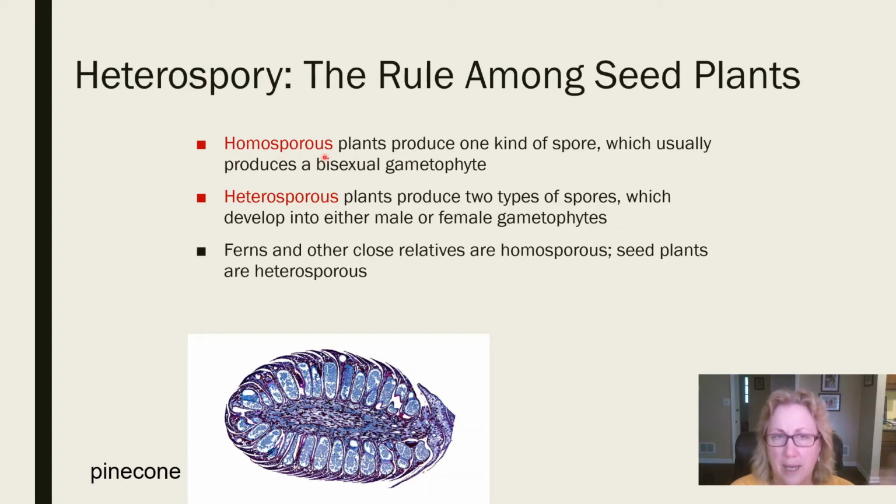Ferns are homosporous, and so are many other of those more primitive plants that we looked at, which means they only produce one kind of spore, and that spore grows into a gametophyte which can produce both male and female gametes. Seed plants are heterosporous, which means there are two different kinds of spores, and they're predestined to be either a female or a male gametophyte when the spore is first produced.